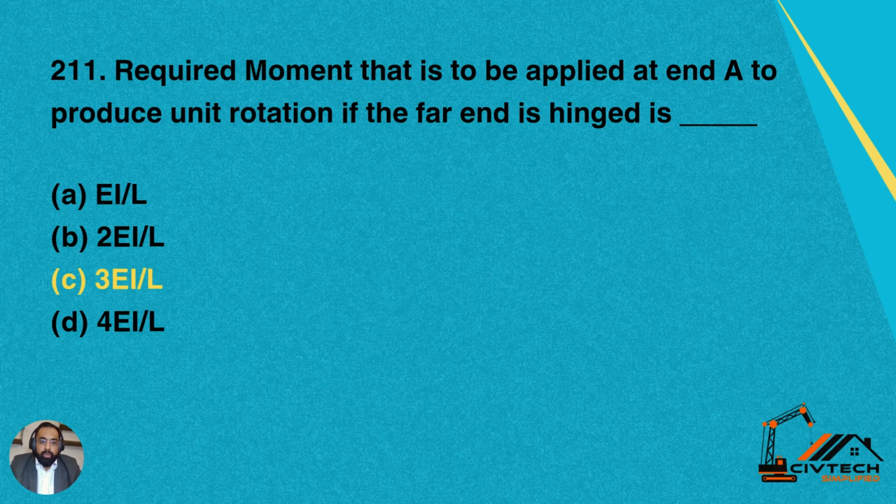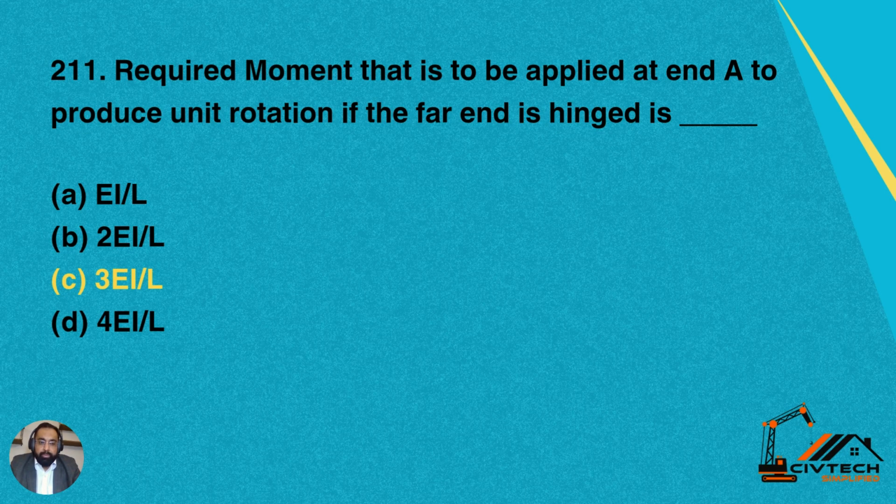211. Required moment that is to be applied at end A to produce unit rotation if the far end is hinged is. What is the required moment that is to be applied at the end A to produce unit rotation if the far end is hinged?